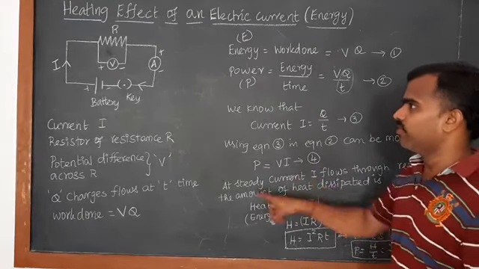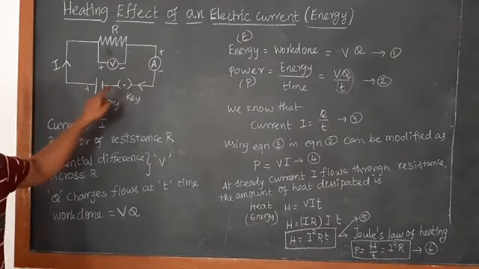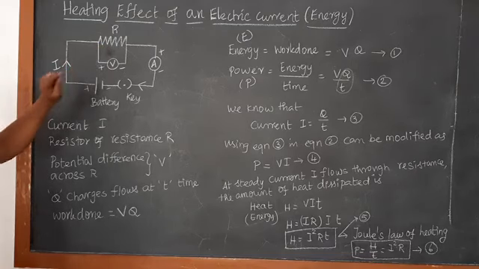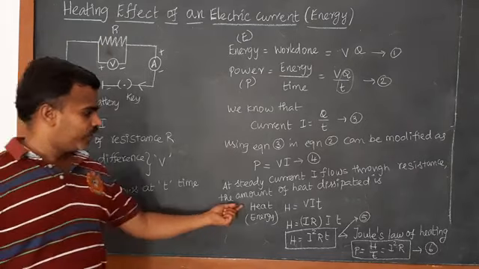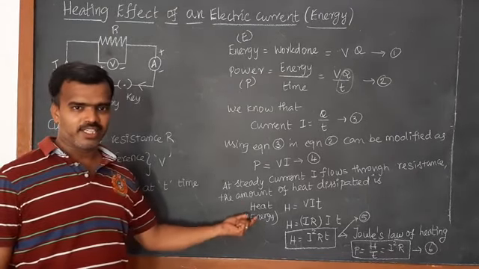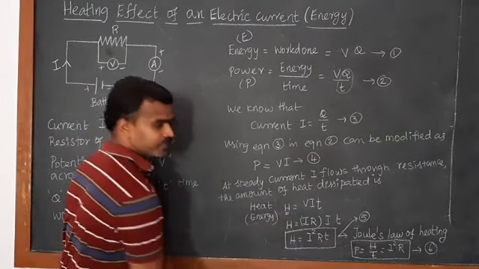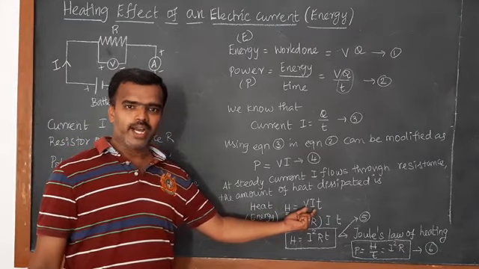A steady current flows in that circuit. Once it reaches the resistor, what will happen? It produces some heat. Heat is one form of energy, so the symbol is H. H is equal to voltage into current into time.